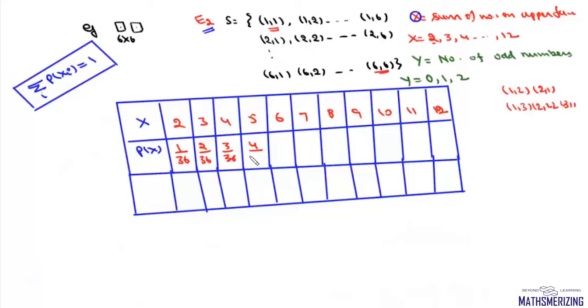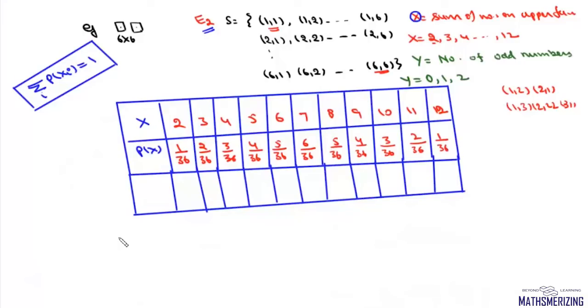Now 5 will be 4/36, 6 will be 5/36, 7 will be 6/36, and 8 again will be 5/36. 9 is 4/36, 10 is 3/36, 11 is 2/36 and 12 is 1/36.